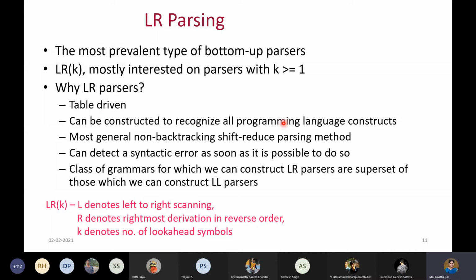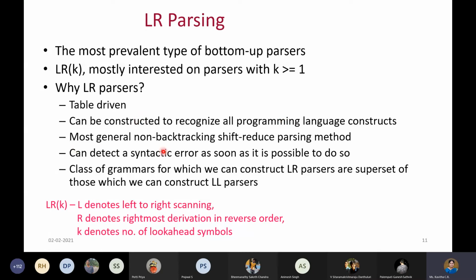And this context free grammar itself is very popular because of the nature and the syntax used. Whatever programming language construct you take, that can be represented, and such grammars can be useful in parsing, because we can easily verify the syntax using the LR parsers. So that is the second advantage.